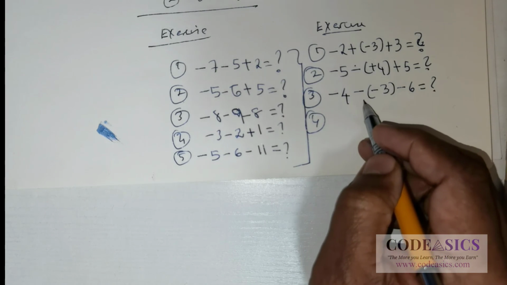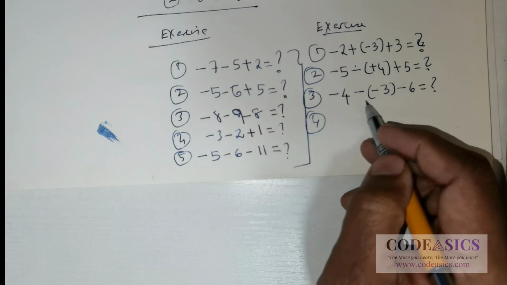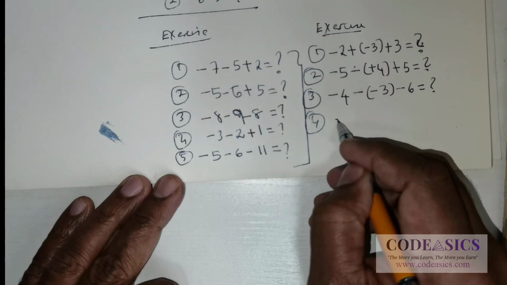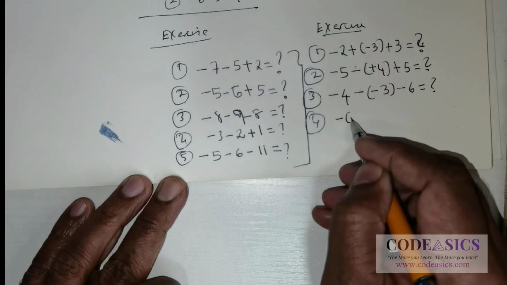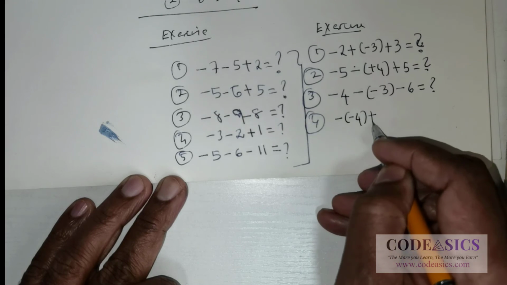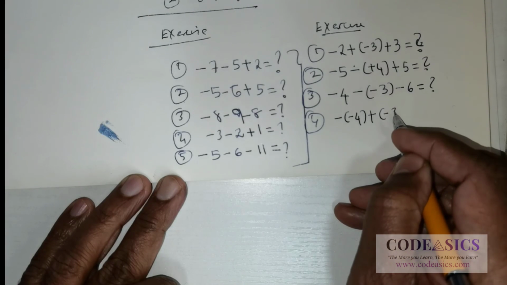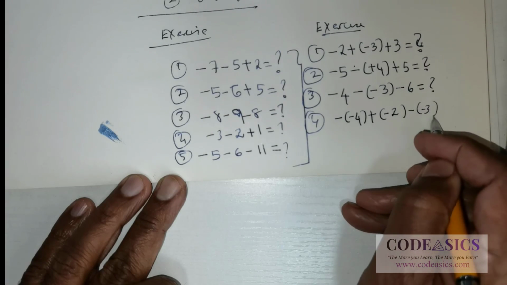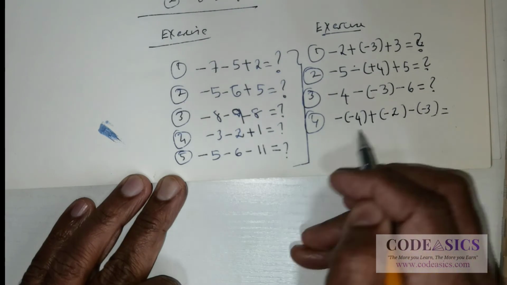So they don't want you to get away with it easily. They have given you an expression of this fashion. What if they have given you like this? Minus of minus 4, positive of minus 2, and minus of minus 3. What would you do in this case? Try that out.